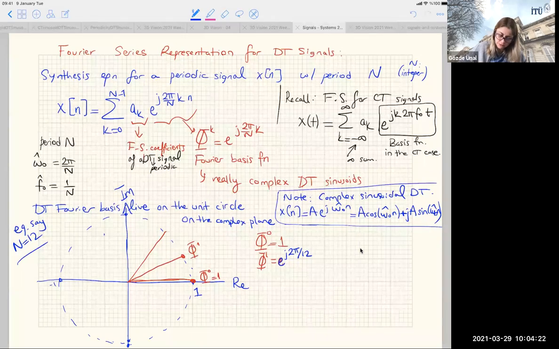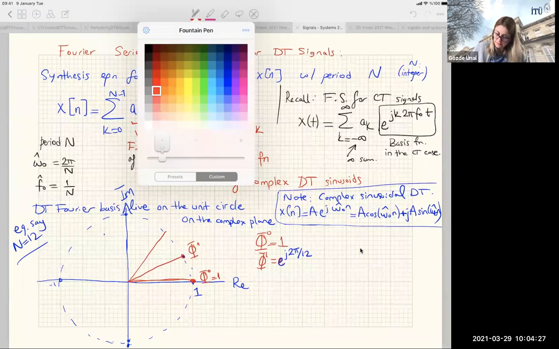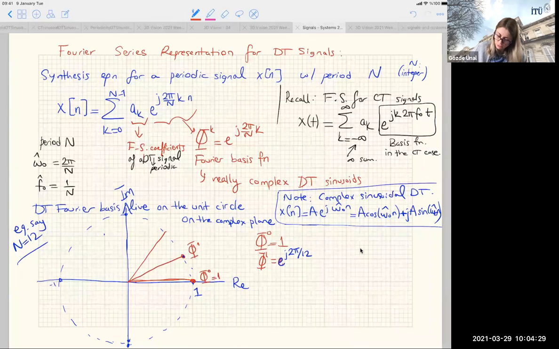Now 2 pi over 6 times 2, that's 60 degrees, phi 2. You can see this is phi 2. And then phi 3 would be e to the j pi over 2, which is on the imaginary axis. This is phi 3. Phi 4 is somewhere here.